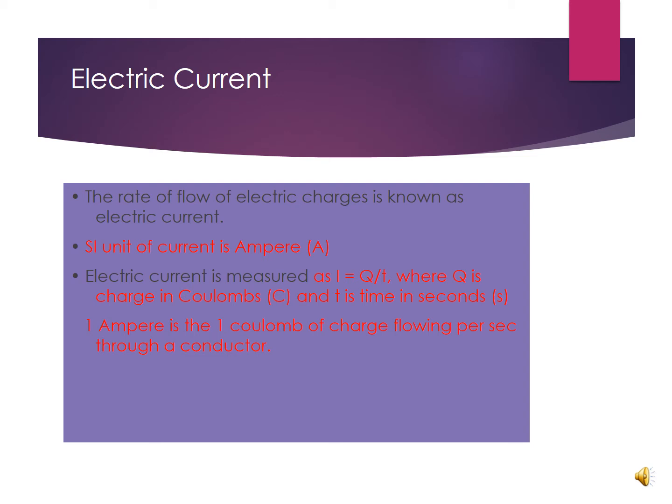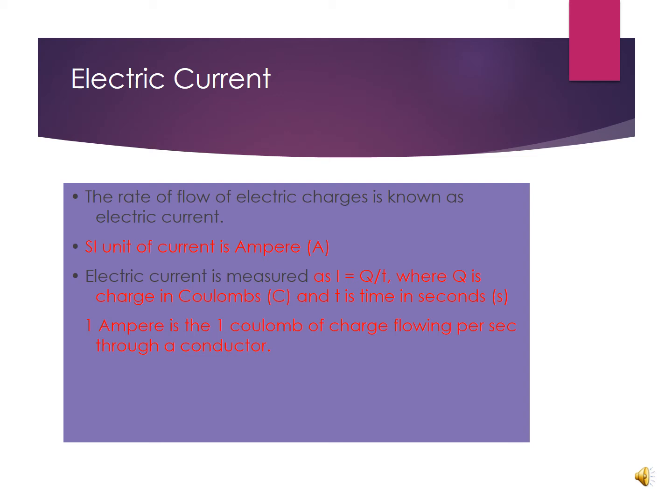From the earlier discussions, we got to know the concept of electric current, which is nothing but the flow of electrons. The rate of flow of electric charges is known as electric current. That means the number of charges flowing per unit time is called electric current.